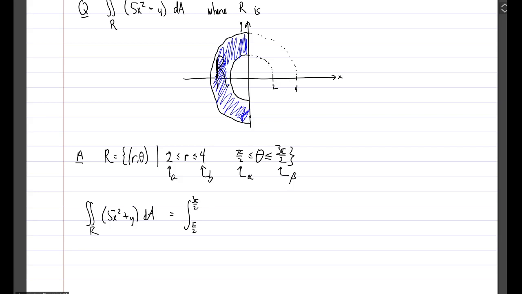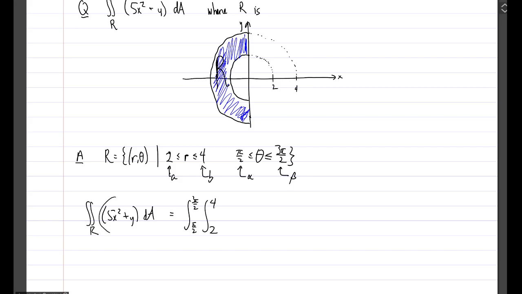We'll talk later about why theta is the outer integral. Let's just go with it for now, and there's also a way to swap, but let's not go there. The inner integral will be the r integral, and it will go from 2 to 4.